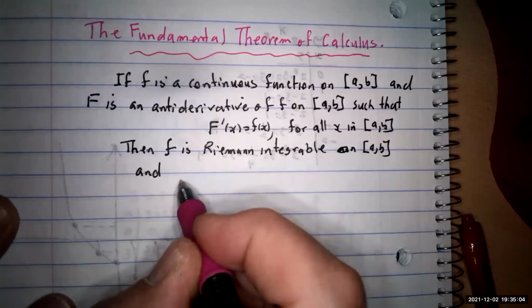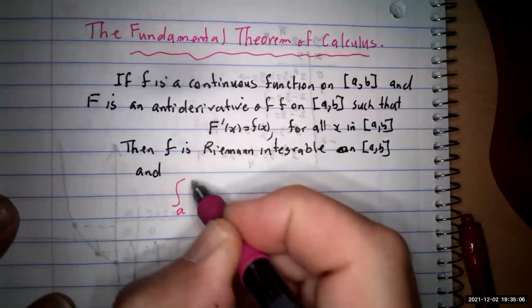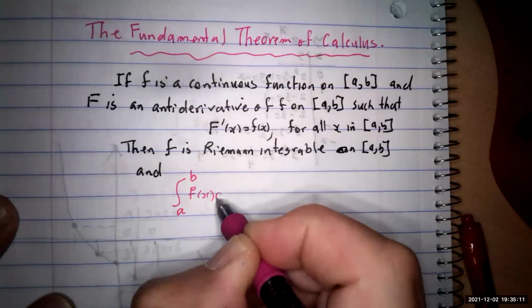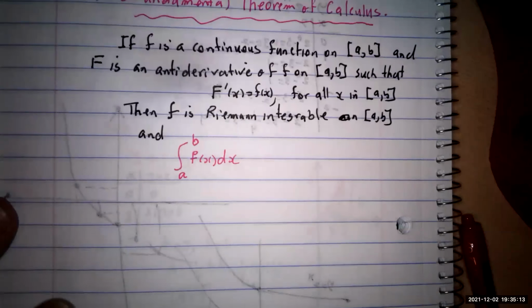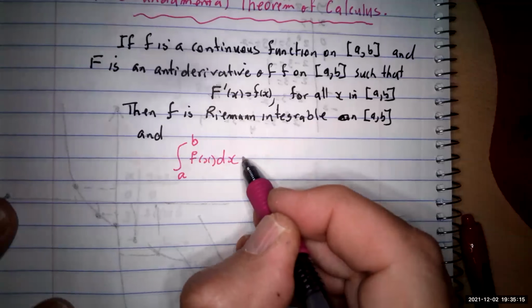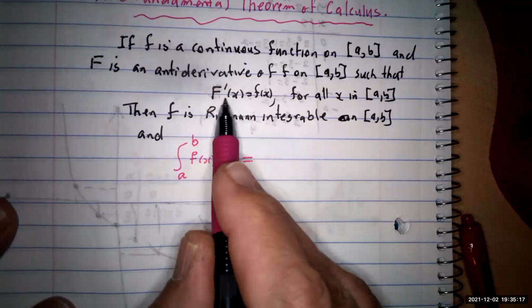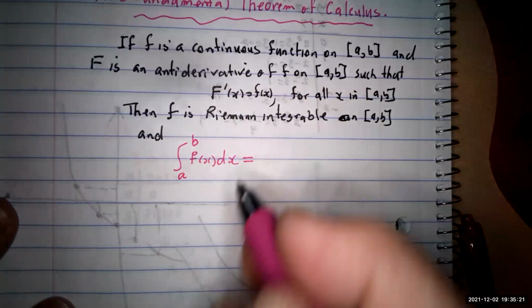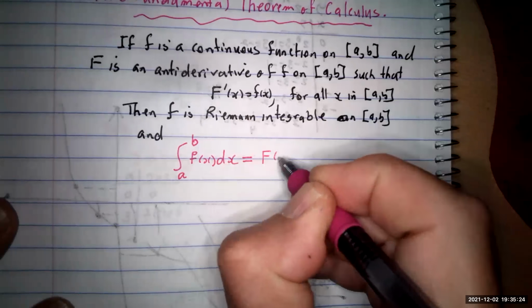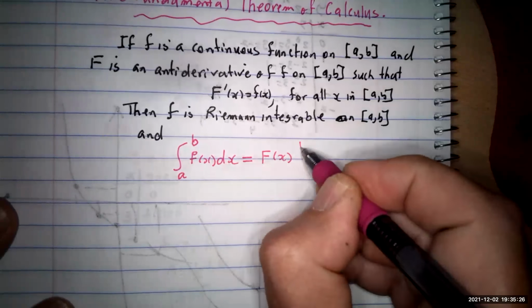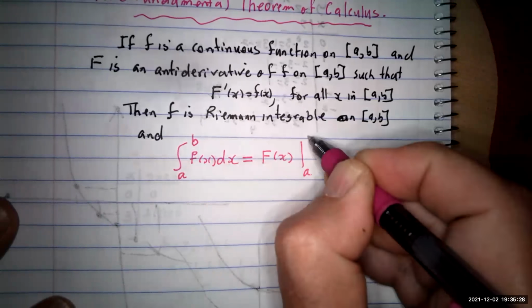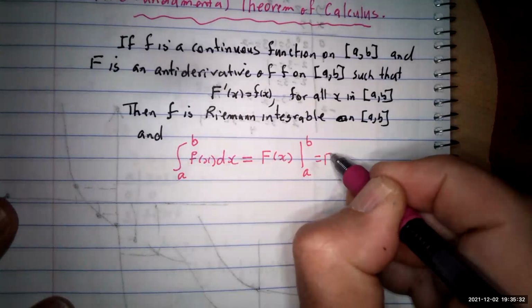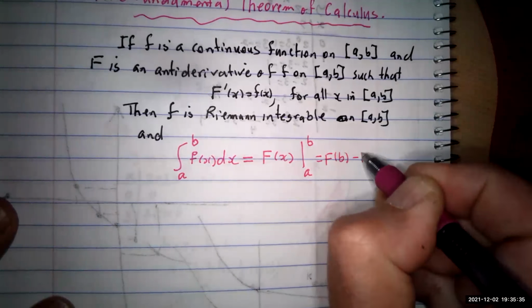If you want to find this integral from a to b of f of x dx, those area problems, what are you going to do? You are going to find the antiderivative first. You integrate it as you did before, then you evaluate it from a to b. This means it's equal to F of b minus F of a.